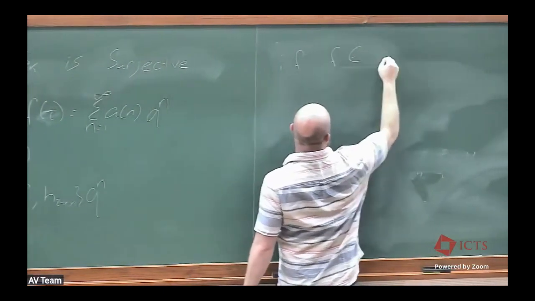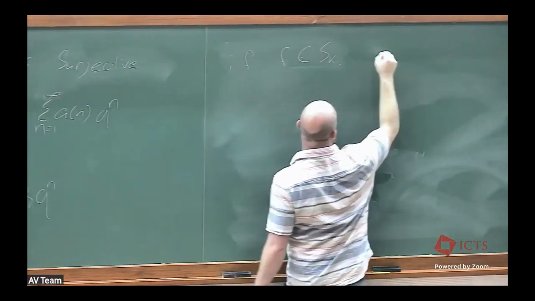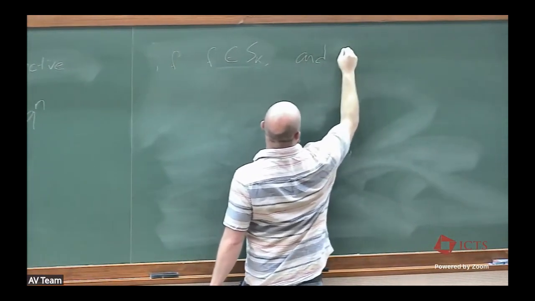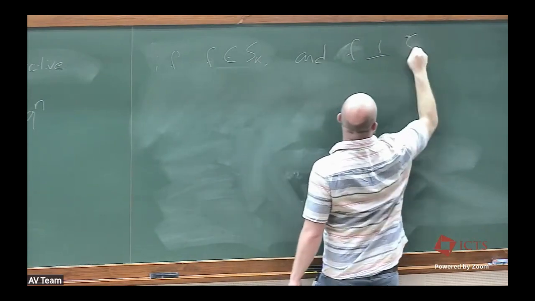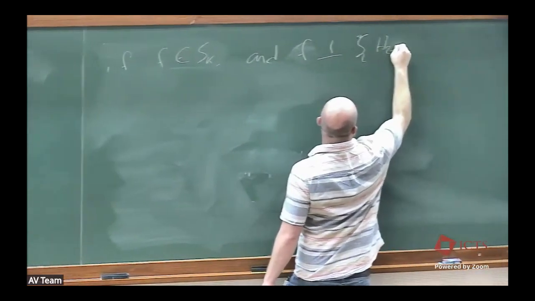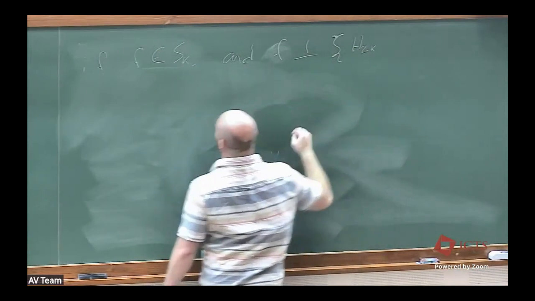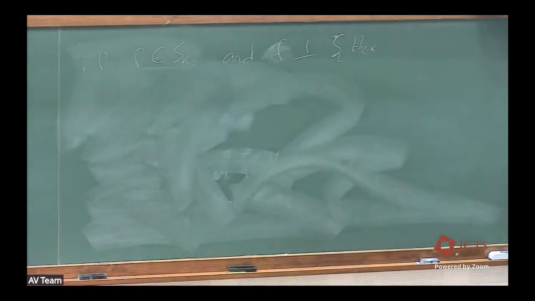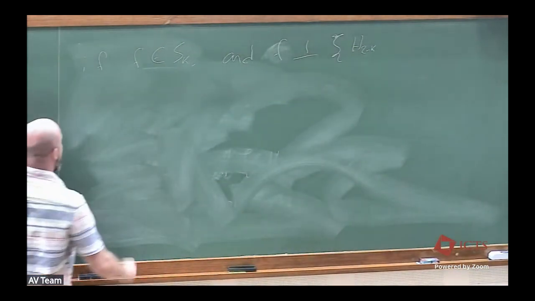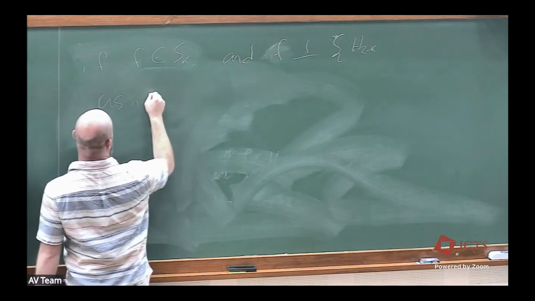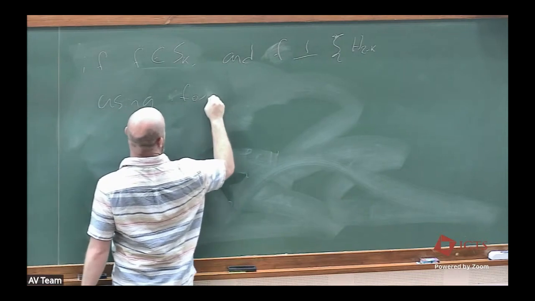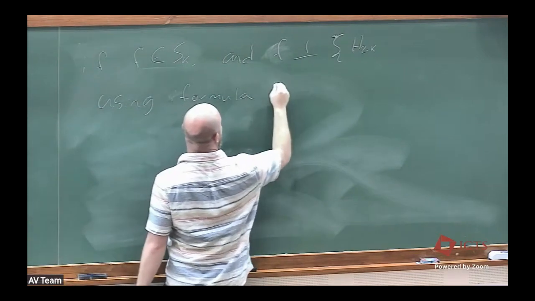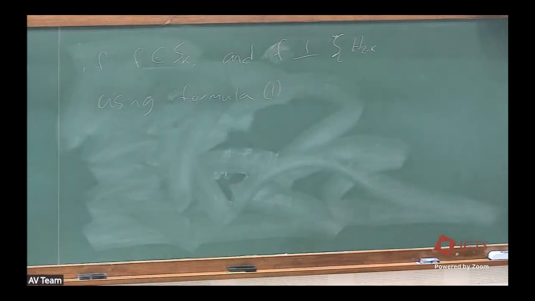If f is in S_k and f is orthogonal to the image, Xi of H_{2-k}, well, then using this formula down here, say formula 1, let's go ahead and call this 1 right here.